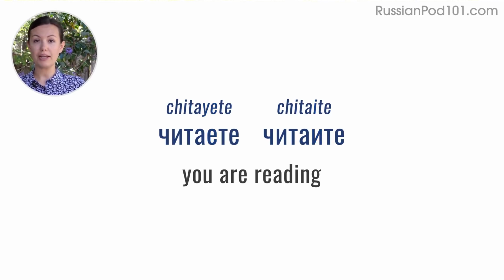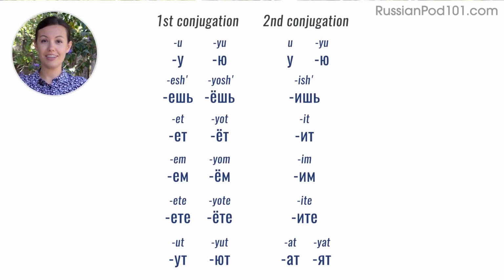But if you know the right conjugation of the verb читать, you wouldn't hesitate. Ye is the right vowel to put here. Читаете. In Russian, there are 2 conjugations. The vowel ye is mostly used in the endings of the first conjugation verbs. The vowel e is mostly used in the endings of the second conjugation verbs.